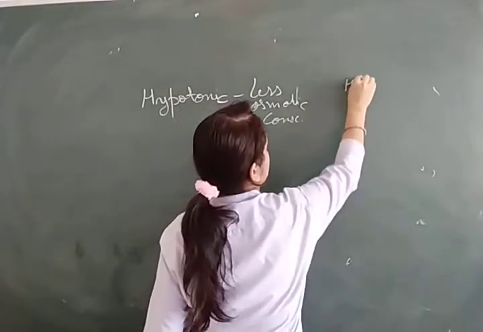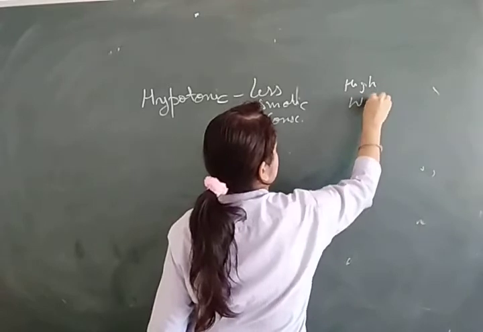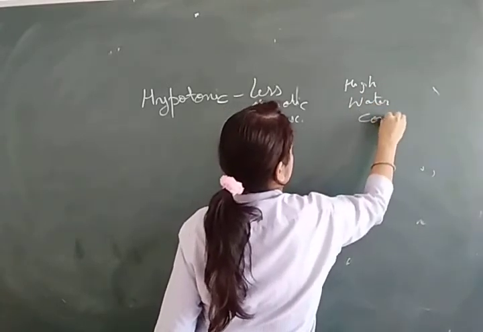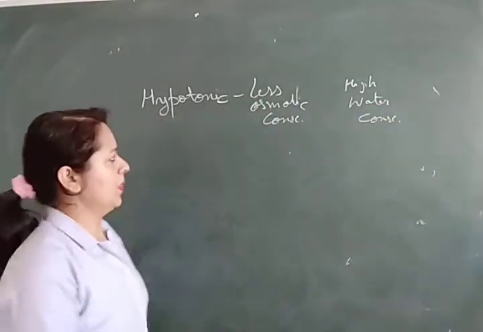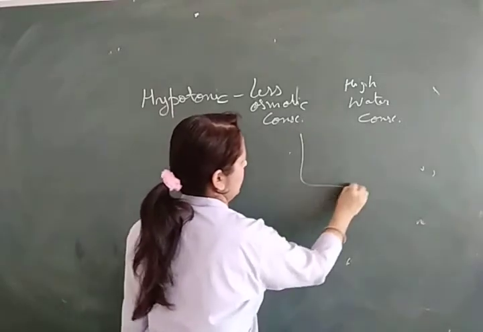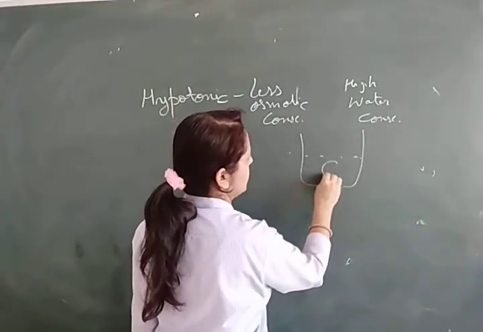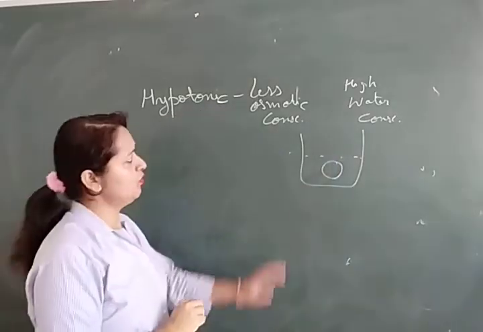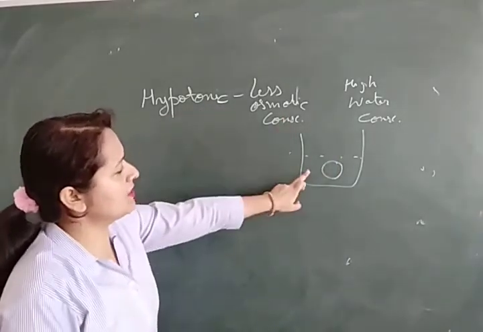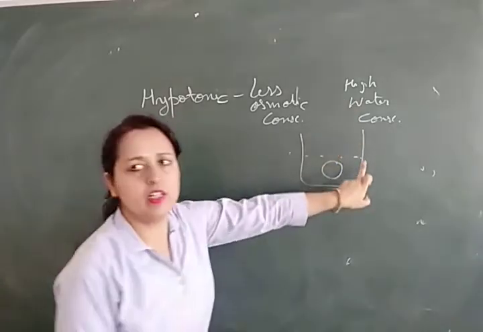Let's take a beaker with a solution in it and we place the cell in it. We know this solution has less osmotic concentration and high water concentration.